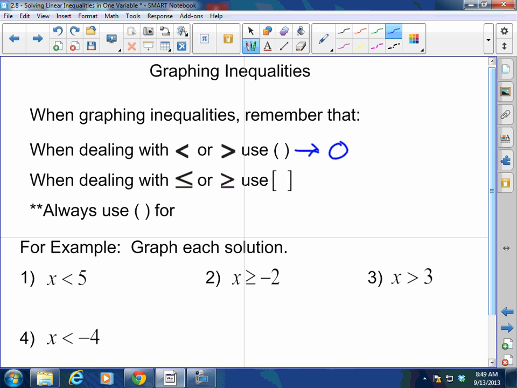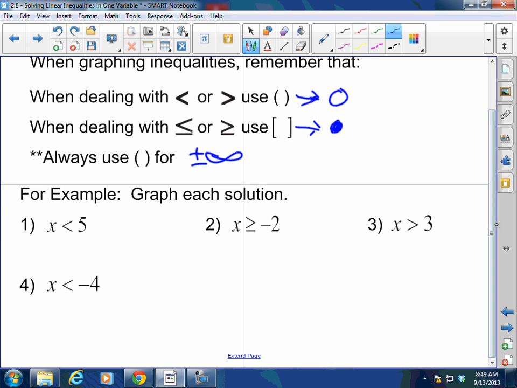When you have less than or equal to or greater than or equal to, you use brackets. You used to use a filled-in circle. These are not called braces, they're called parentheses. Use the right vocabulary. Remember, always use parentheses for positive or negative infinity.